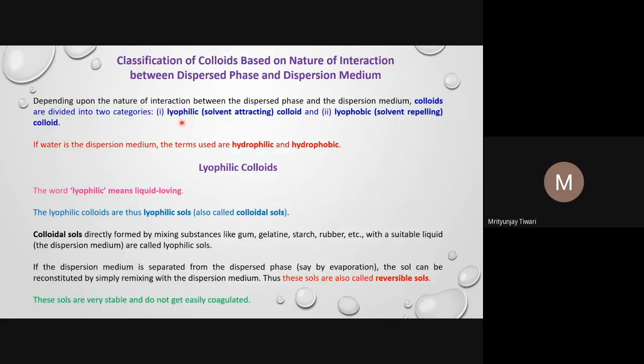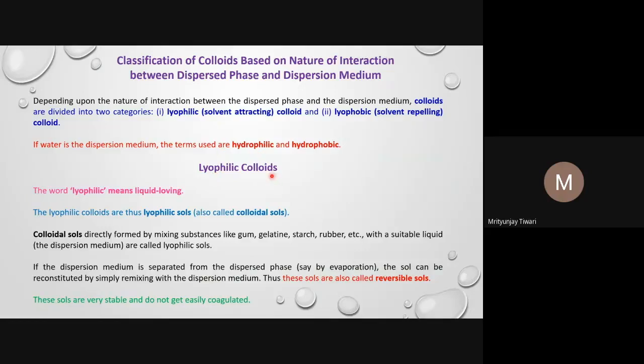So these are solvent attracting colloids, which means the dispersed phase is attracted to the solvent, the dispersion medium. So there is a natural attraction between dispersed phase and dispersion medium. However, lyophobic colloids do not have a natural attraction between the dispersed phase and the dispersion medium. Lyo means solvent, and phobic means repellent.